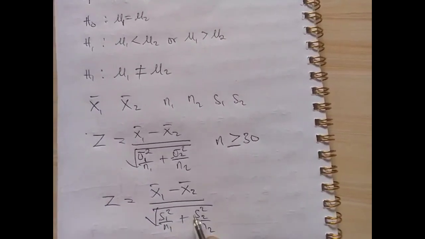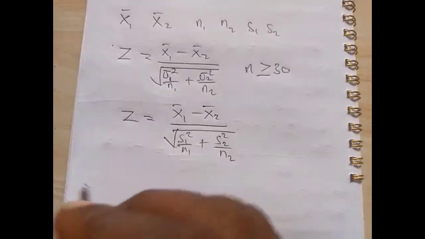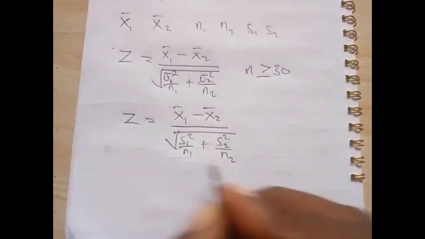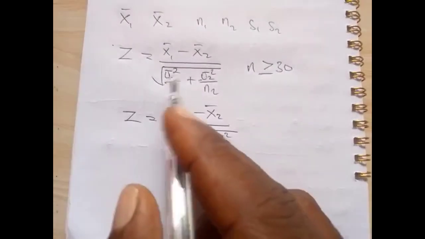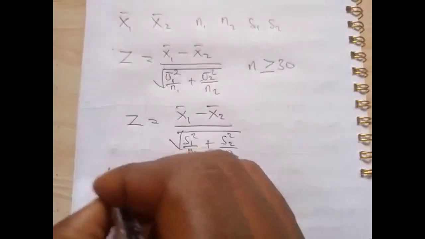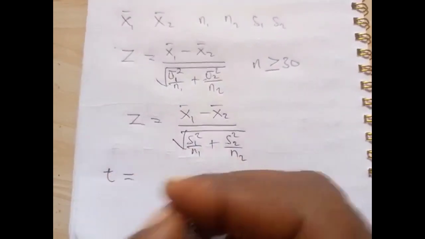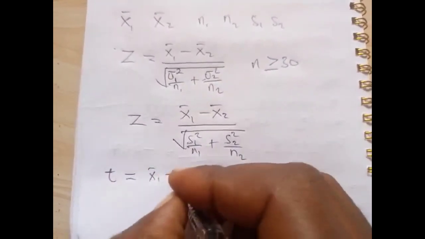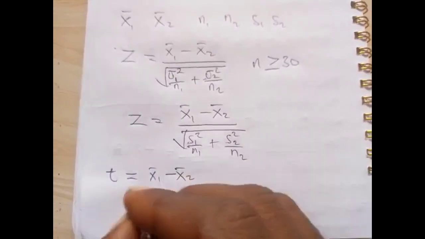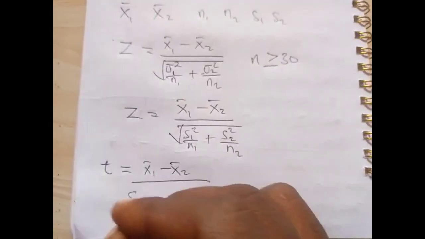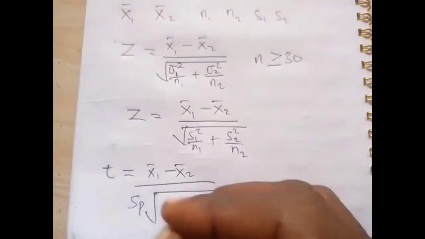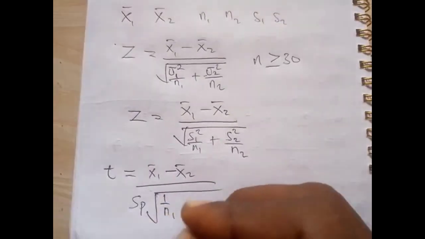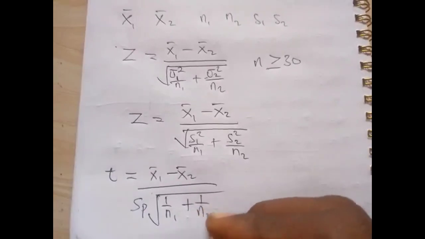But in a situation where n is small and we don't know the population standard deviation, we use the t-test and say that t is equal to x bar 1 minus x bar 2 over the pooled standard error, that is the pooled variance times 1 over n1 plus 1 over n2.